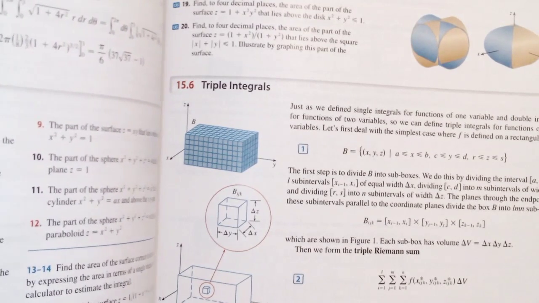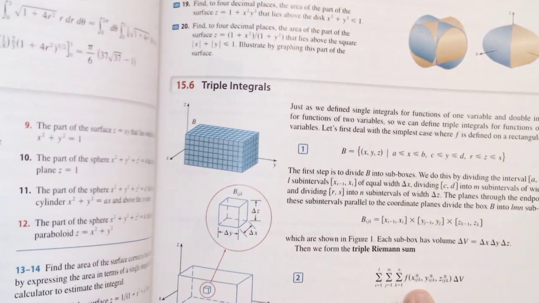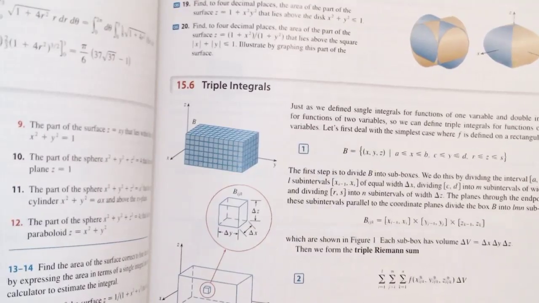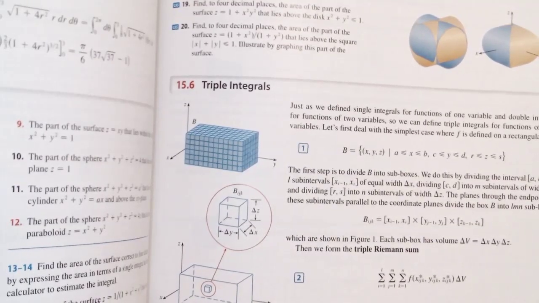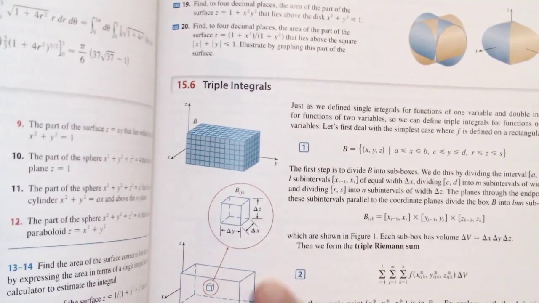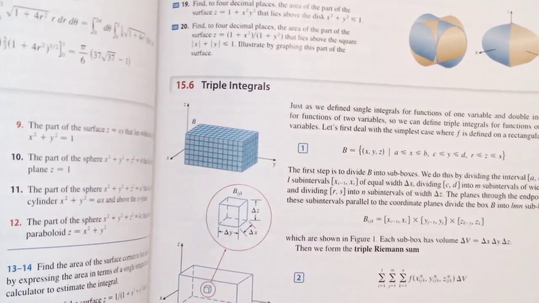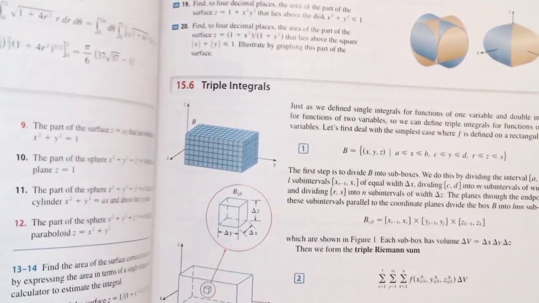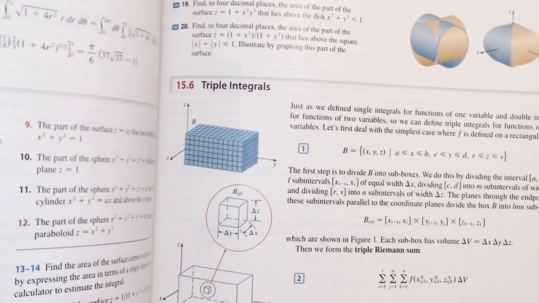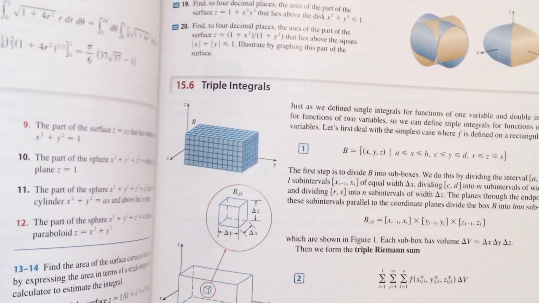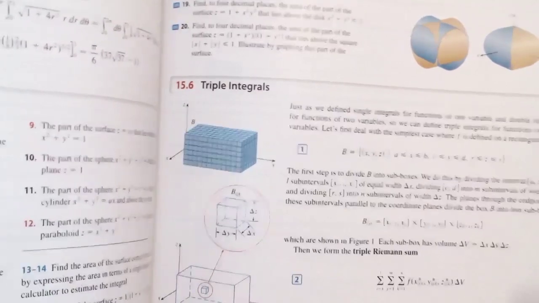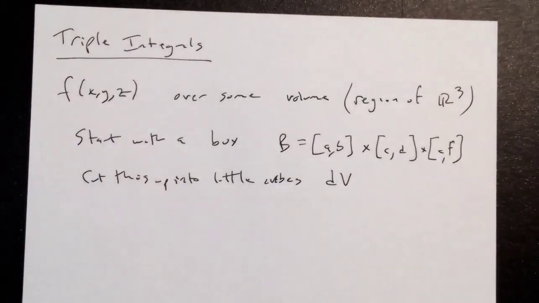And that gives me this triple Riemann sum right here. But I'm going from 1 to n with respect to x, 1 to m with respect to y, 1 to L with respect to Z. I'm losing track of my indices here. I just have to go all three ways to fit everything together, right? Add up all of the boxes in whatever order you want. And then we'll do a triple integral.